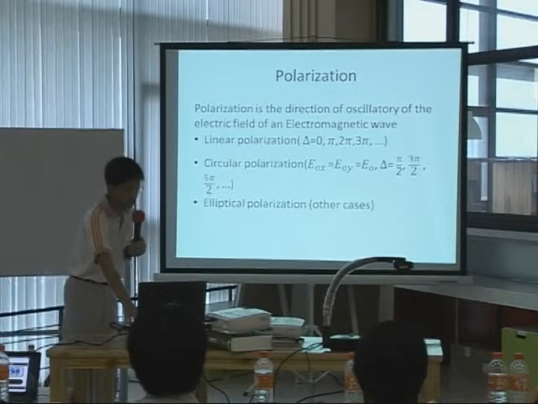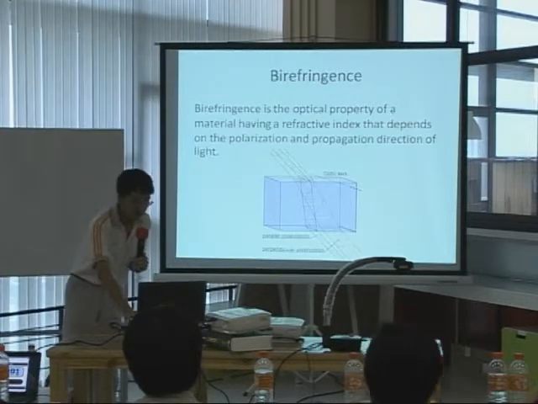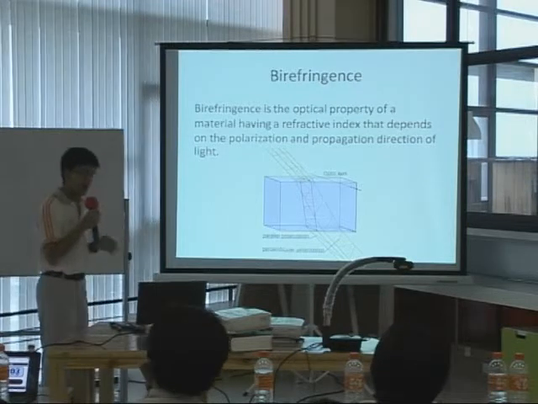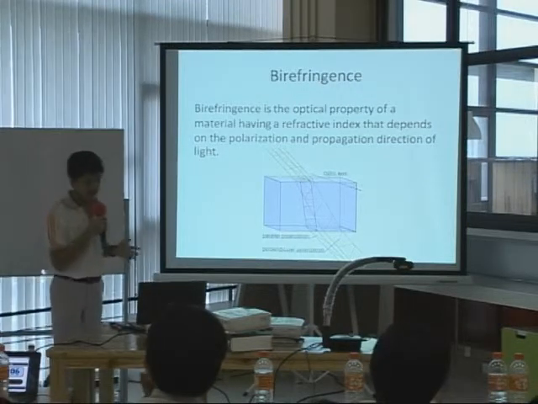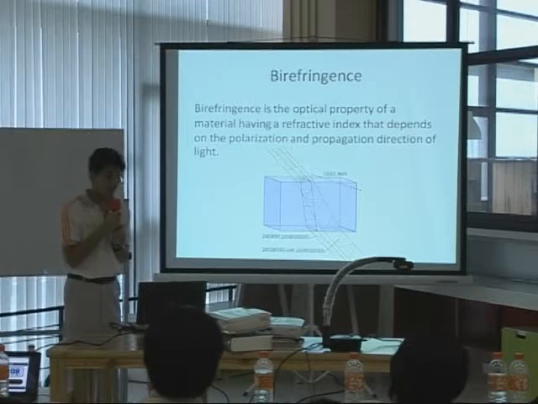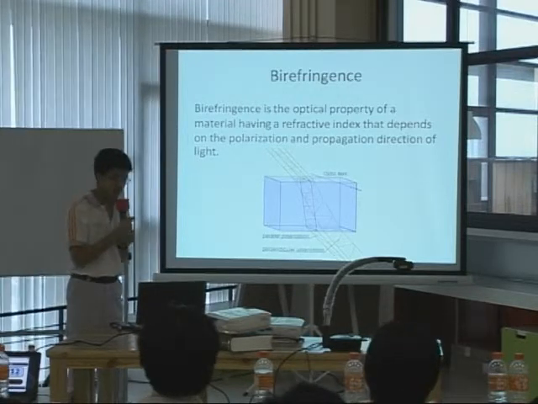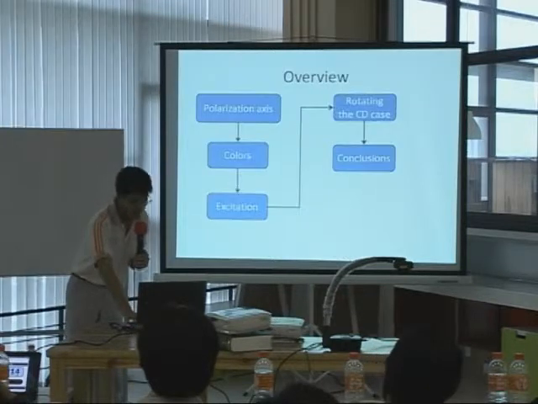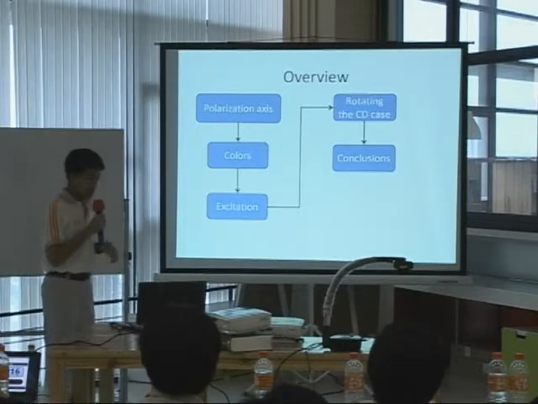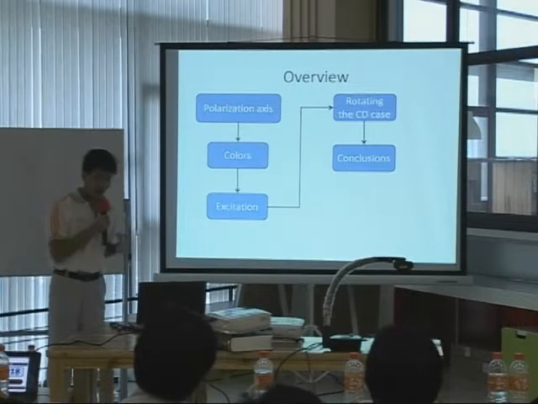And other cases are called elliptical polarization. Birefringence is a material that has more than 1 refractive index, which causes a phase retardance between the X and Y component.